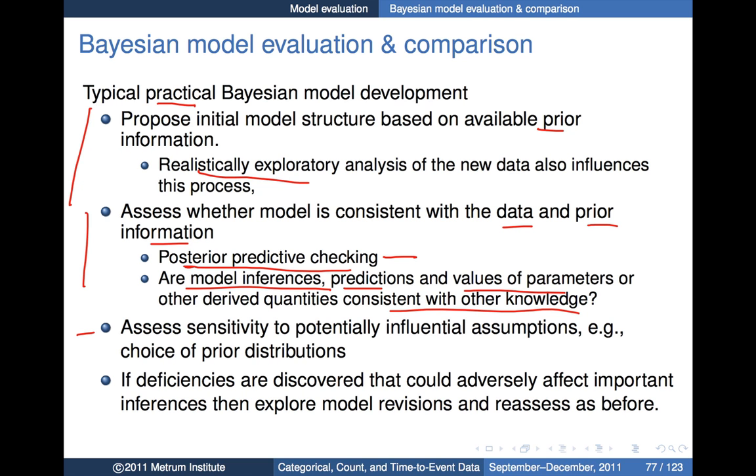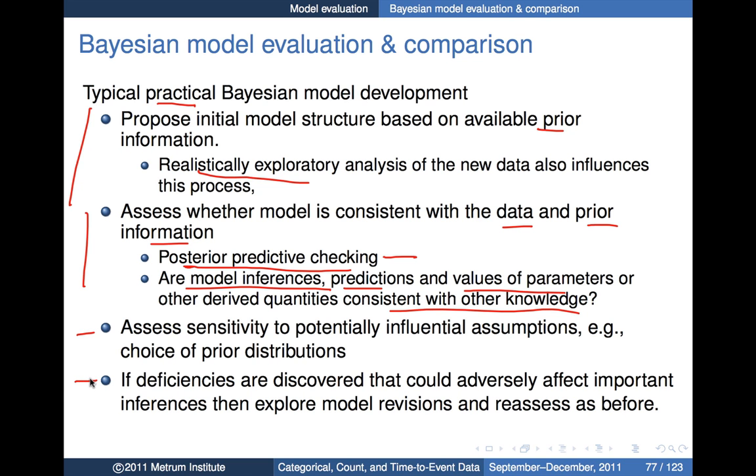And in the Bayesian context, the place where that gets unique is we're now introducing prior distributions, which could be influential. And we may want to assess just how influential they are. And if they are very influential, then we have to look closely at them and assess whether we really believe our prior assumptions and prior distributions.